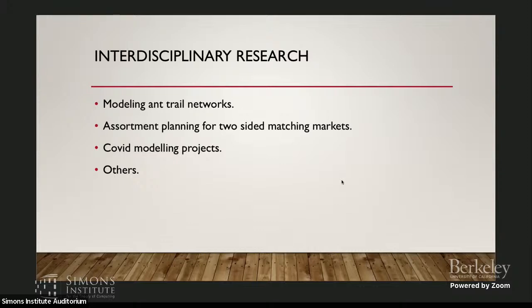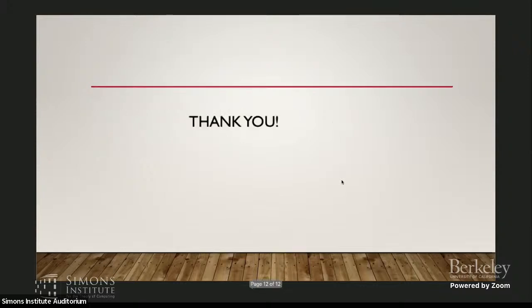We did the modeling to explain why this particular observation is true. I also worked on assortment planning for two-sided matching markets and some COVID modeling projects, where a team from Stanford was interacting with the Los Angeles School District, trying to understand what should be different strategies in reopening schools. And I have worked on some other projects. If you want to know more about any of these, you can come and talk to me later. Yeah. Thank you.